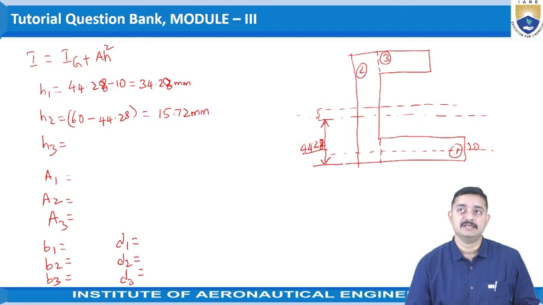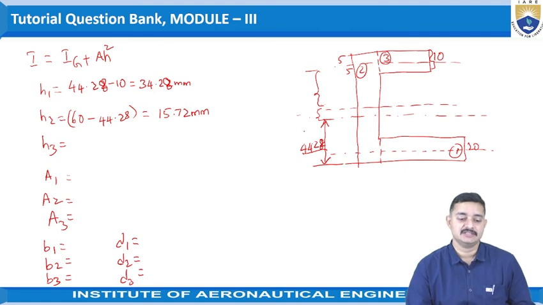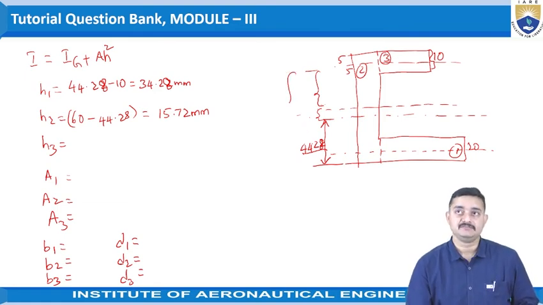Now coming to the third part, the centroid of that third part is lying here. The total height is taken as 10 here, and this distance would be 5. This is 5 and this is 5. So the total distance can be obtained from this total of 115 minus this distance.